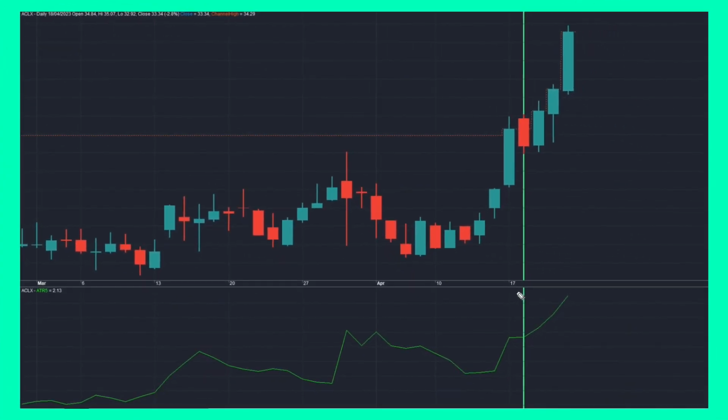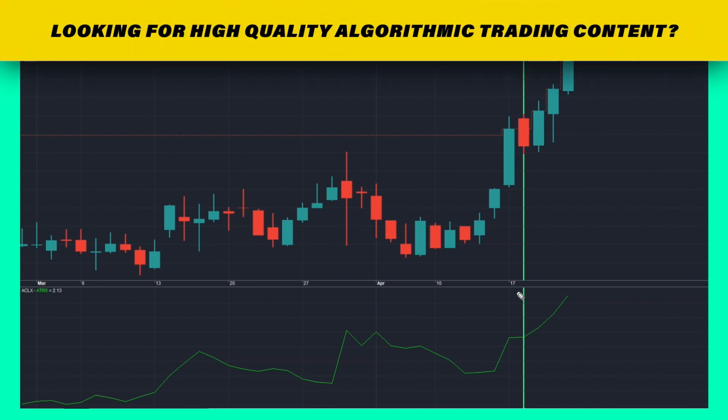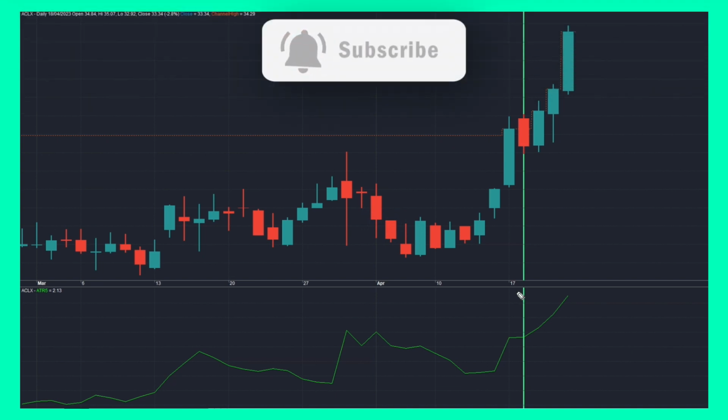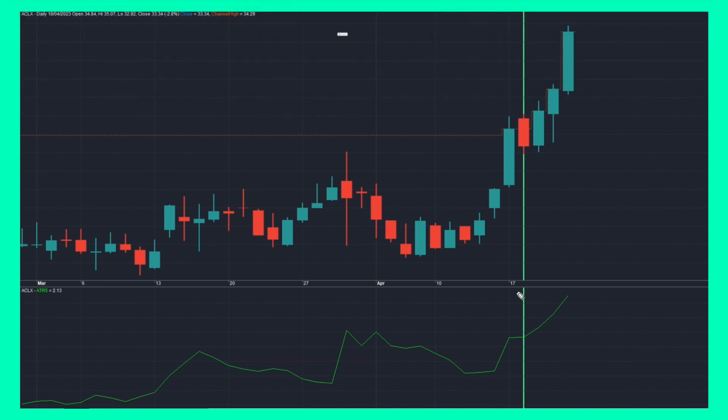One idea to improve the entries is to try opening our positions below the current price, essentially trying to get a discount at the entry. I plotted the ATR indicator with period of 5 below my chart. It shows us the average price range of this stock over the past 5 days, which gives us an indication as to how volatile this particular stock is.